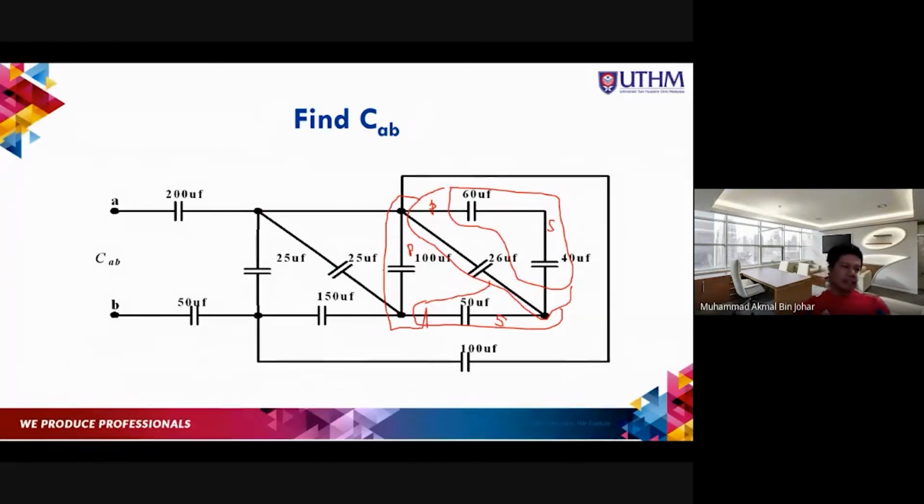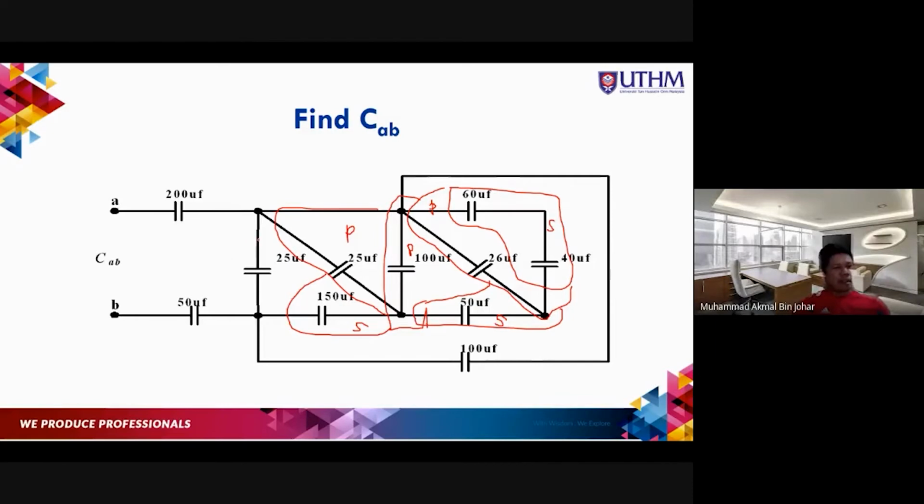Okay. What else? And then you have hasil all these will parallel terhadap, betul? Lepas that parallel baru you serieskan terhadap ini. Nampak tak apa yang saya sebut ni?